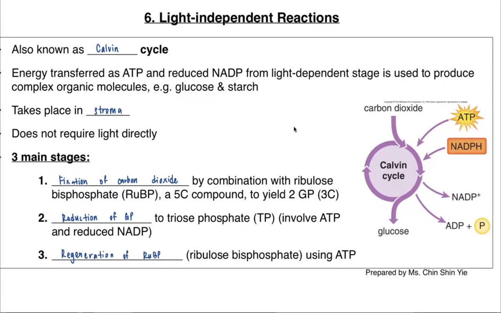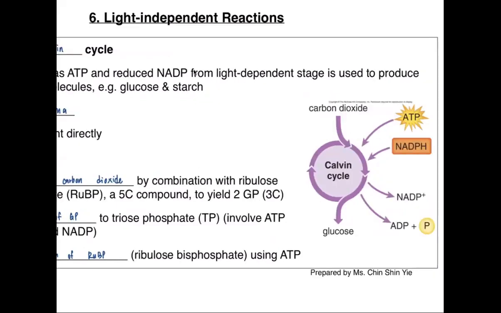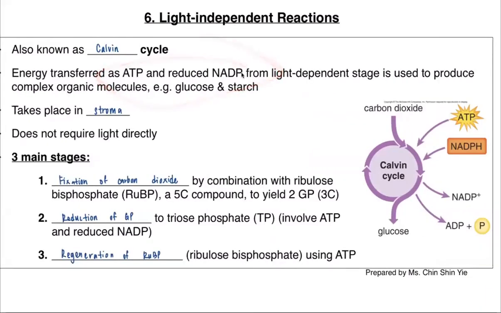We already implied this just now: in non-cyclic photophosphorylation, you produce ATP and reduced NADP, and this reduced NADP is required for making glucose.